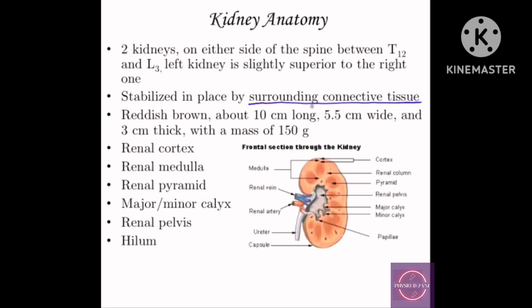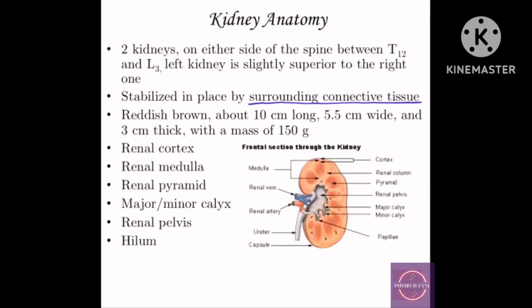And there are other neighboring organs that help keep them in place. They're reddish brown, the reddishness, of course, because of the high blood flow. There's a lot of blood going to your kidneys every second of the day. They're about 10 centimeters long, 5.5 centimeters wide, and about 3 centimeters thick, with a mass of about 150 grams each.